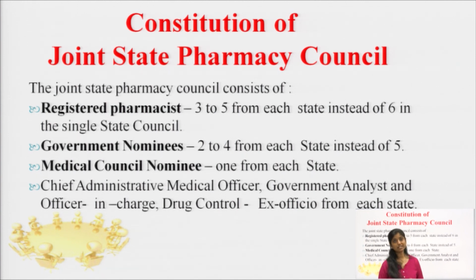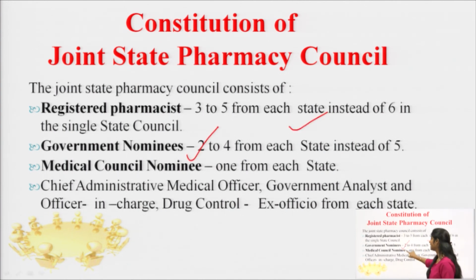Constitution of State Pharmacy Council. We have seen that the two councils were working with executive members, elected members and nominated members, but the case with Joint State is different. Here we have a registered pharmacist, government nominee and a medical council nominee.